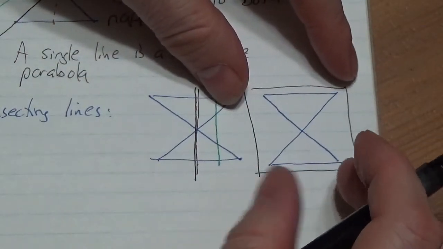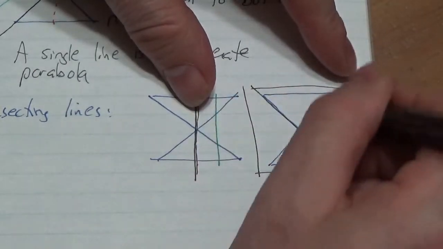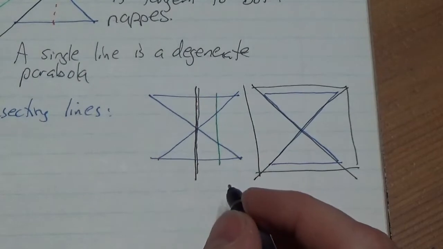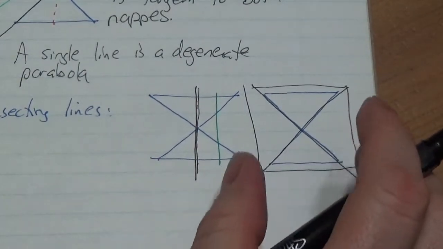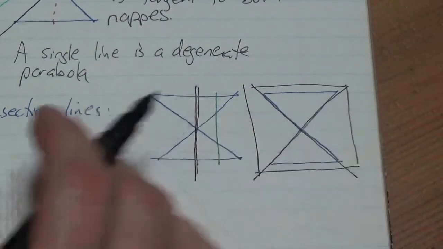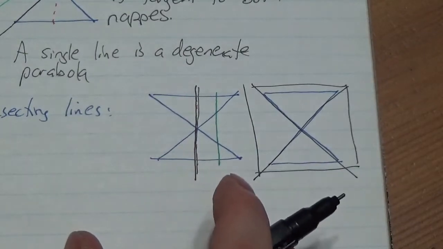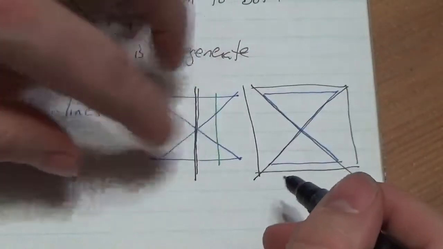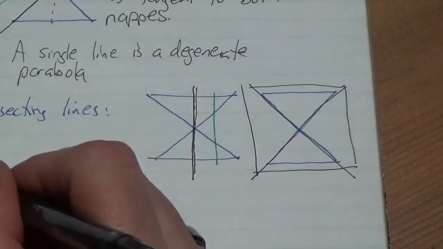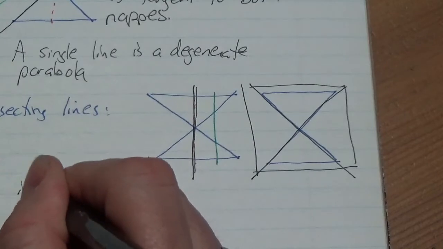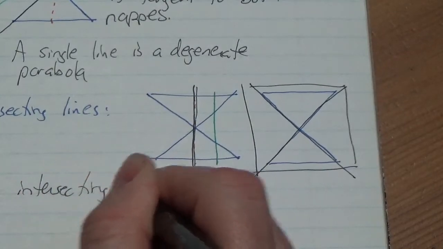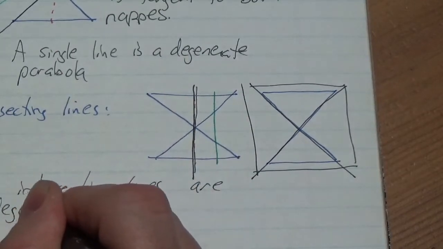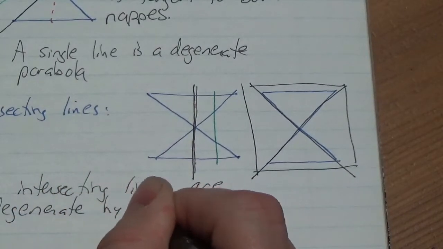So when I look at this, all I'm going to see are these two intersecting lines. So when the plane goes through the vertex to create a hyperbola, the result is actually going to be two straight intersecting lines. Okay. So two intersecting lines are a degenerate hyperbola.